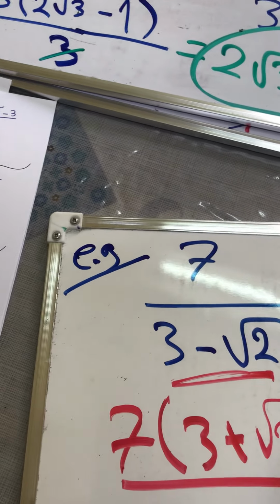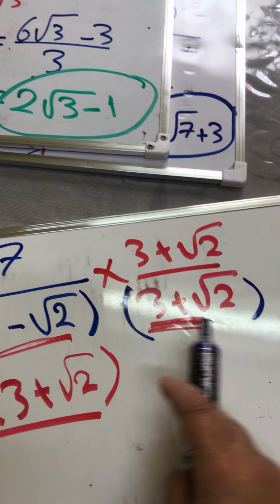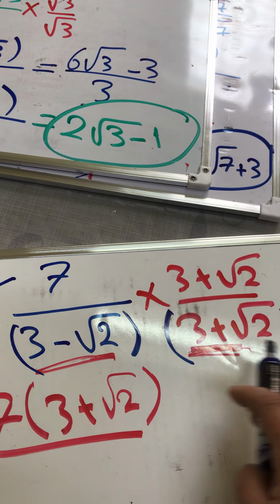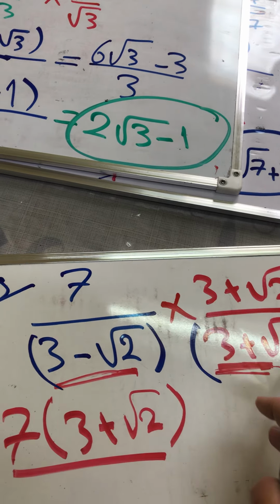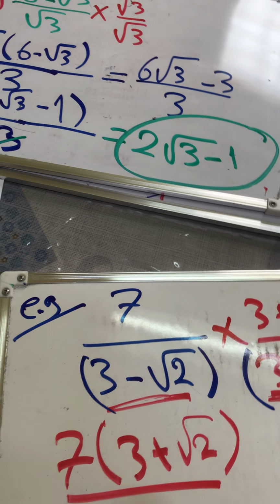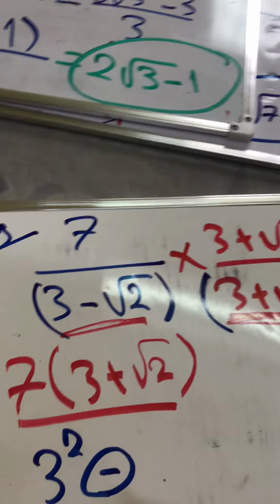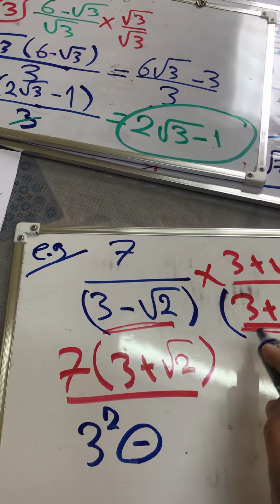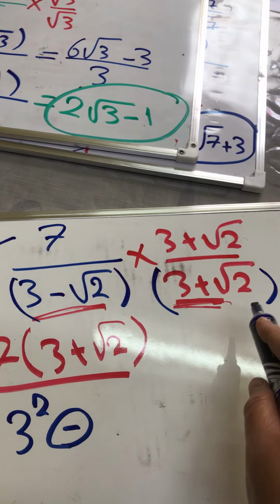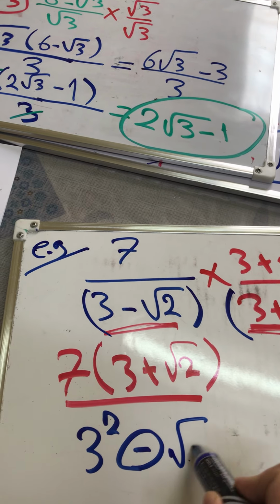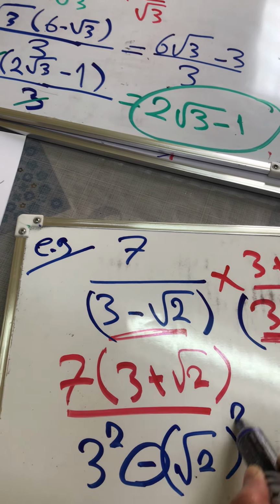I'll put them between brackets like this. Do you remember this case? I have the two brackets exactly the same, but one positive and one negative. So it will be the first square minus the first square, which is 3, minus the second square, which is square root of 2 squared.